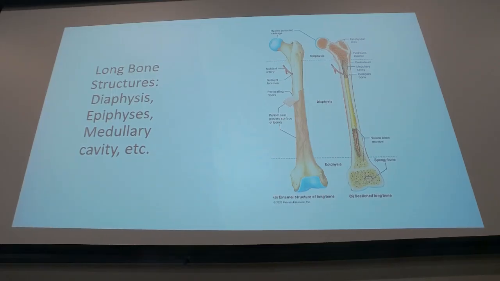So something that you can say about this bone, because you see this yellow marrow in the cavity, is that it is a bone from an adult. In adults, we still make red blood cells in our bones, but this is typically in the proximal epiphysis.